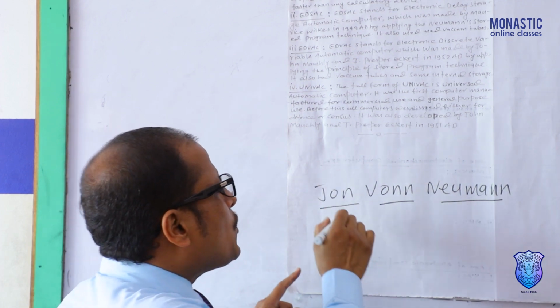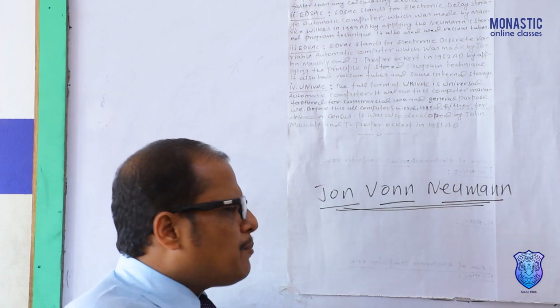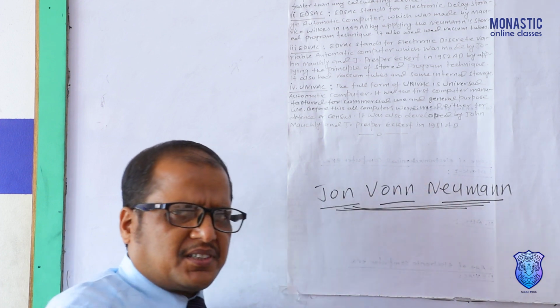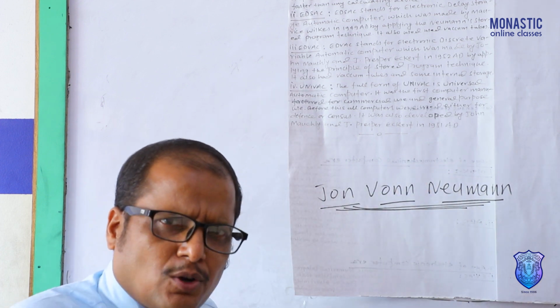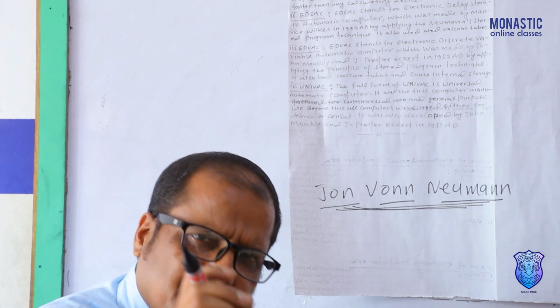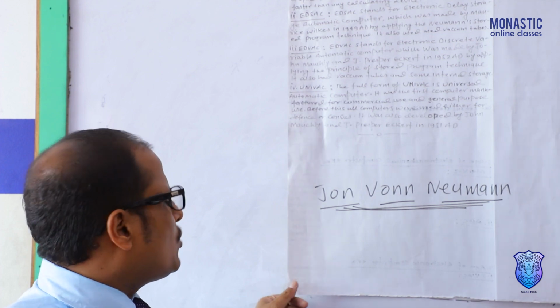Before John von Neumann and his stored program technique, the programs required for a computer were integrated and written permanently. That's why modification was not possible.